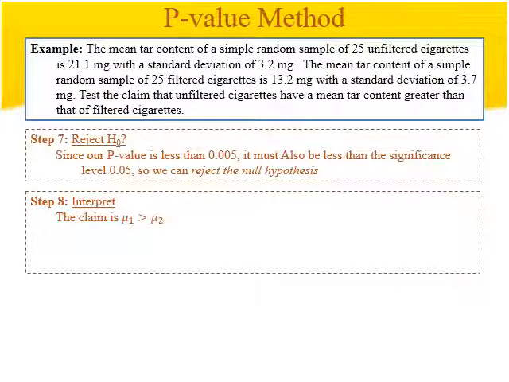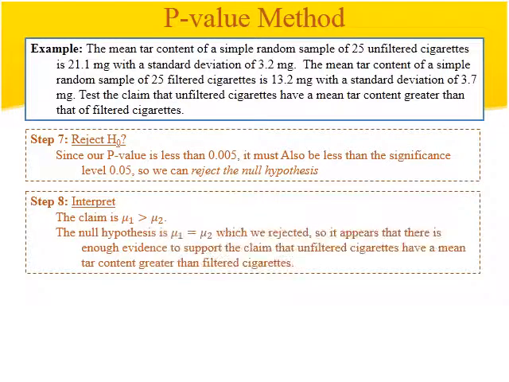So our original claim was that the mean tar content of filtered cigarettes is less than the mean tar content of unfiltered cigarettes. So, since we rejected the null hypothesis, it does appear that there's enough evidence to support the claim that unfiltered cigarettes have a mean tar content greater than filtered cigarettes.